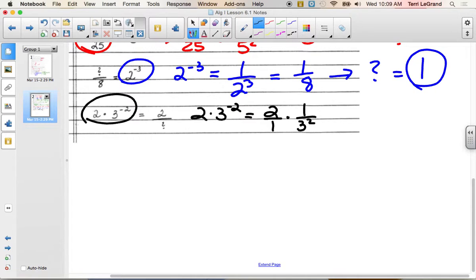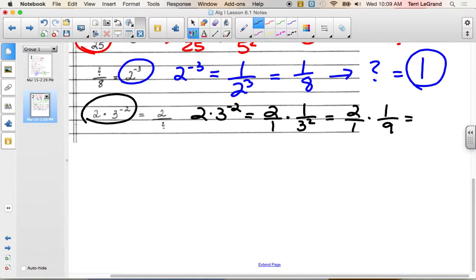So the 2 doesn't need to be renamed; I renamed it as a fraction by putting it over 1. 3 to the negative 2 power becomes 1 over 3 squared. And then 1 over 3 squared can become 1 over 9.